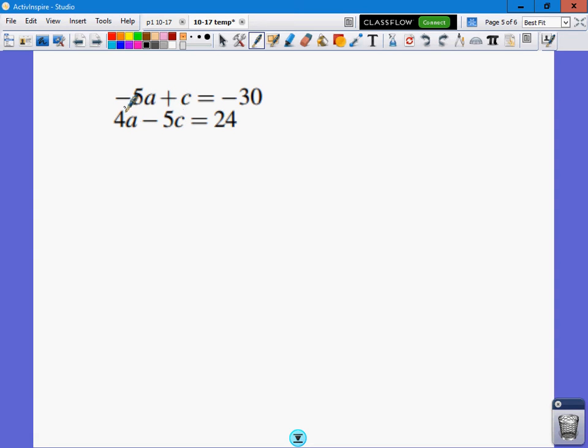Take the coefficient that's in front of this lead variable and put it in front of the first equation. Take the coefficient that's in front of the top equation and use its opposite down here. This will always work. You don't even have to think about it.